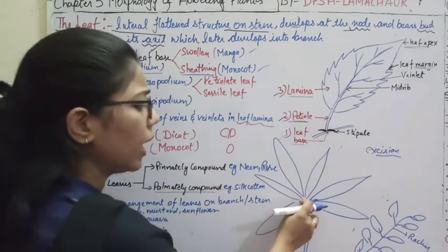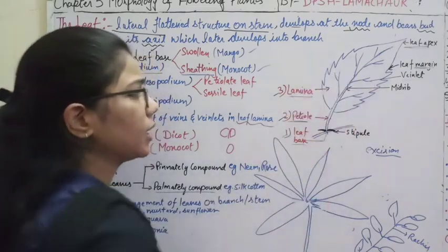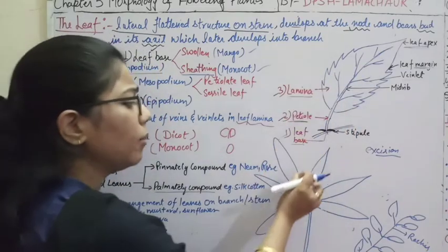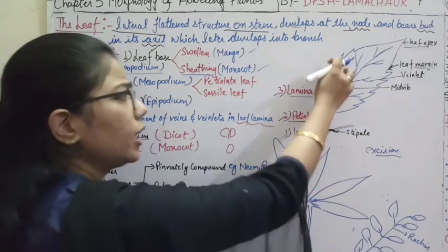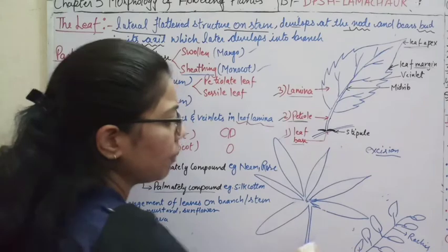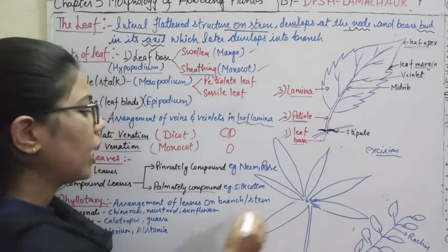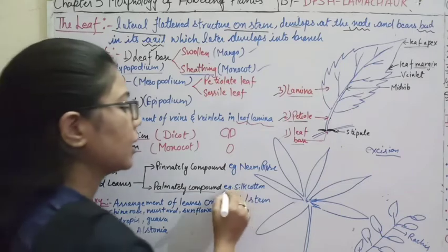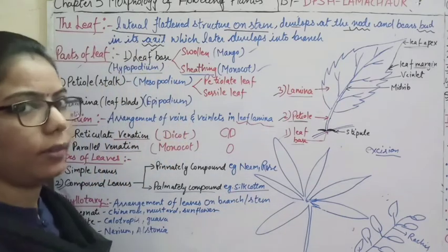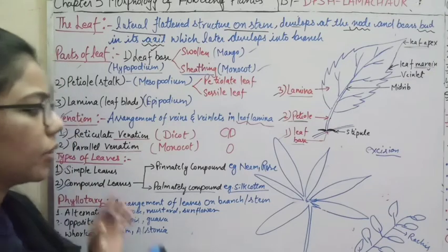They arise from the main point, but the midrib which was present here now becomes separate. Each excision has formed each part. So we can say it is a pinnately compound leaf and it is a palmately compound leaf. And this palmately compound leaf you can see in case of silk cotton. So both are the parts of compound leaves.